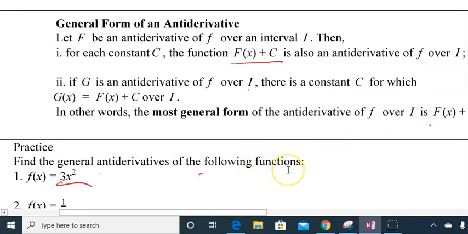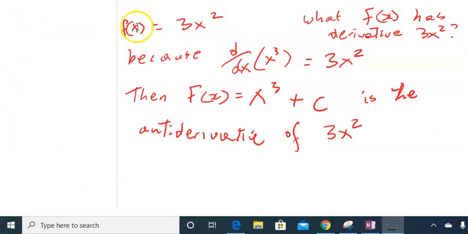Find the general antiderivative of the function f of x equal to 3x squared. We want to find an uppercase F of x that has the derivative 3x squared. Which function has the derivative 3x squared? The function is x cubed, because d dx of x cubed is equal to 3x squared by our power rule.